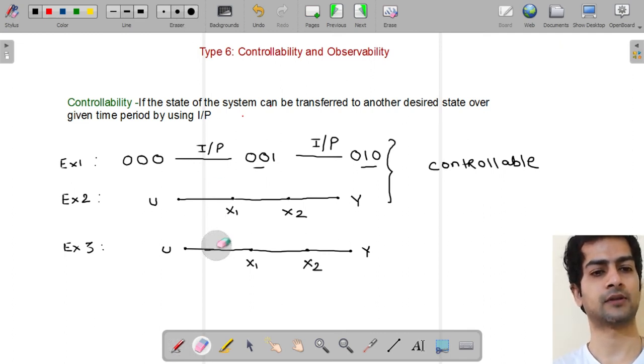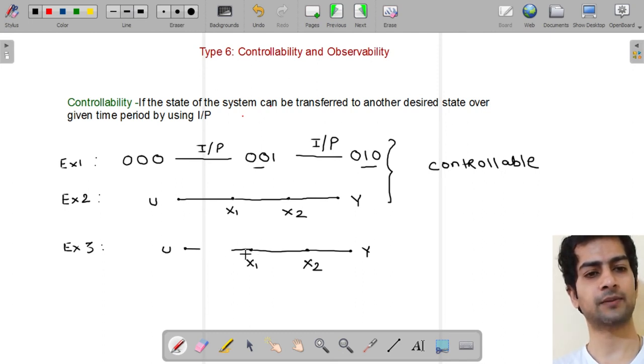Now suppose this path is broken. Then see, are the state variables connected with inputs? Are state variables driven by input? No, they are not driven by inputs, and they are not controlled by inputs.